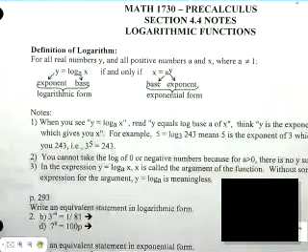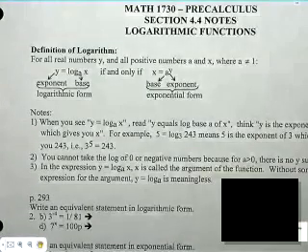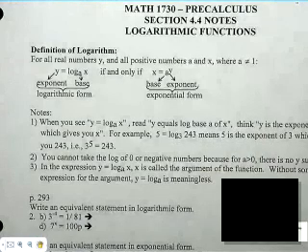Now when you look at that definition, just plug some numbers into it and it makes sense. I taught my girls logarithms while I was still tucking them in by saying, okay, if log base 3 of 9 means the exponent of 3 that gives you 9, what would that exponent have to be?